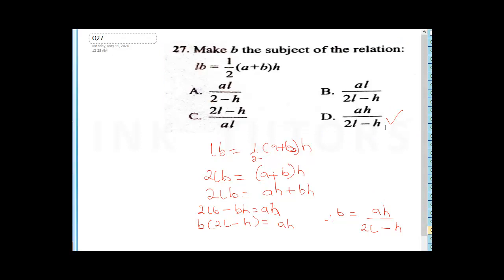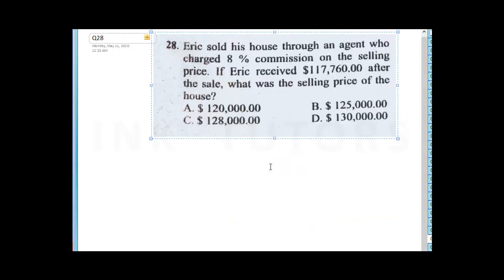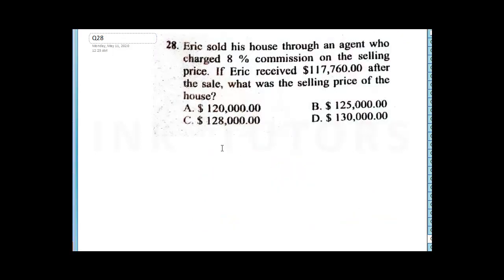So the next question is 28. Now question 28 says Eric sold his house through an agent who charged 8% commission on the selling price. If Eric received 117,760 after the sale, what was the selling price of the house? Now you understand commission and discount.